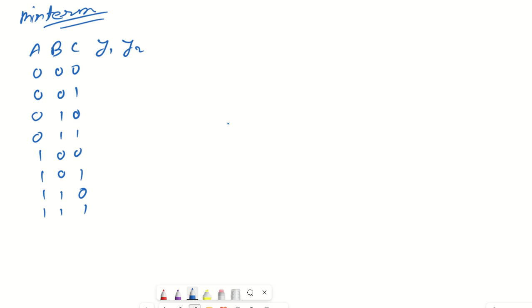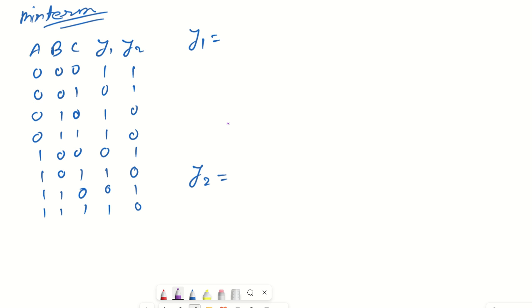Now I am giving you expressions for y1 as 1 0 1 1 0 1 0 1, and y2 as 1 1 0 0 1 0 1 0. Your aim is to write down y1 and y2. Understood? This is how you will be able to find the expression.